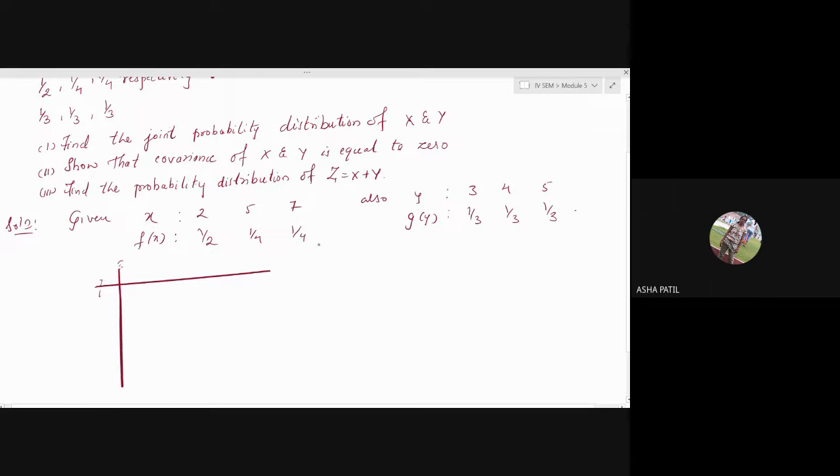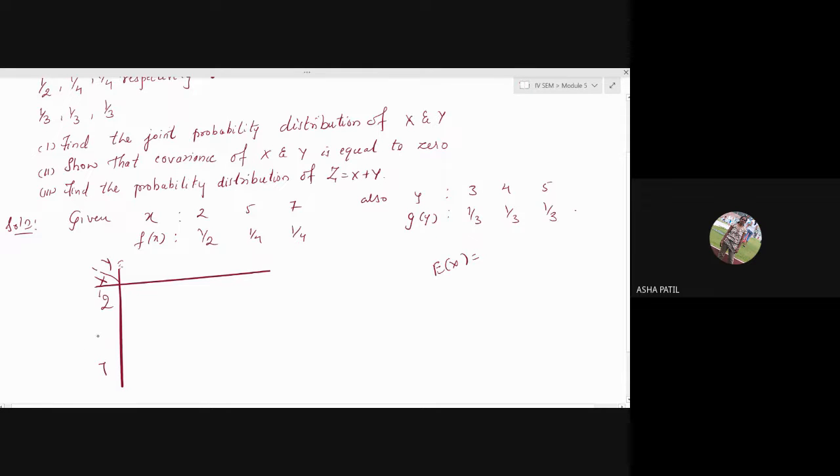Now you are going for expectation. We have marginal probabilities, we can find joint probability. We can find the values of x, probability of x. How? That's what I'm asking. How will you find it? 2, 5, 7 here.